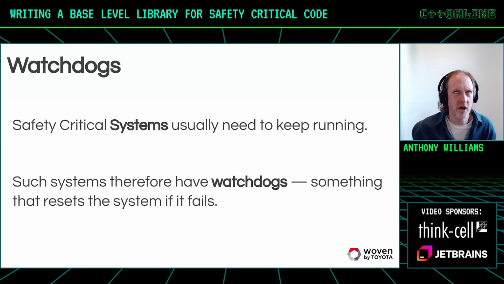I've detected a problem. I don't know what the cause of the problem is, so I don't know how much I can rely on. So therefore, I'm going to say, "Hey, Mr. Watchdog, reset me." And sometimes that request is as simple as not telling the watchdog that you're okay, because it needs to know that you're okay all the time. And if you don't say "I'm okay," then it says, "You must not be," and therefore we will reset you.